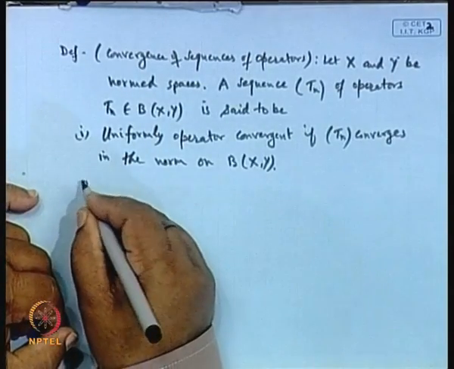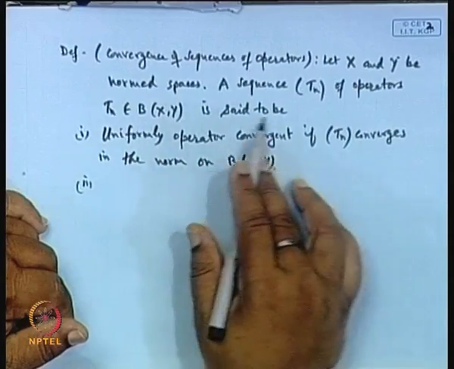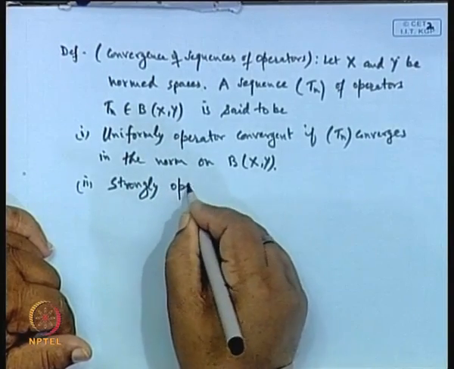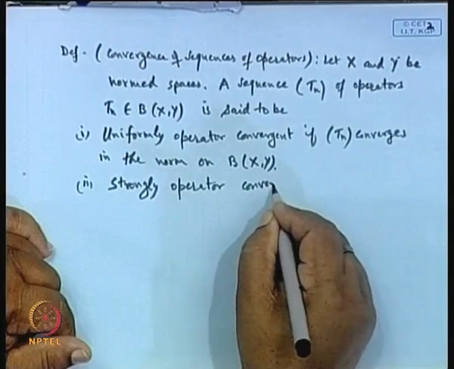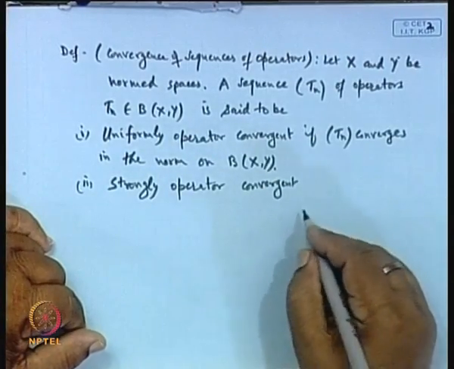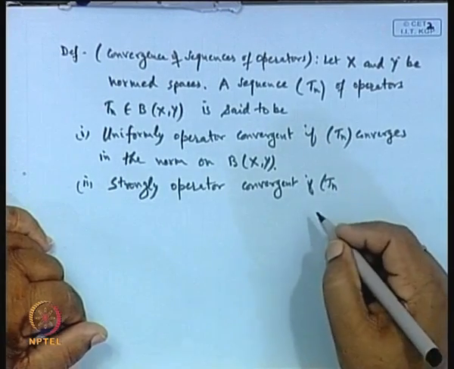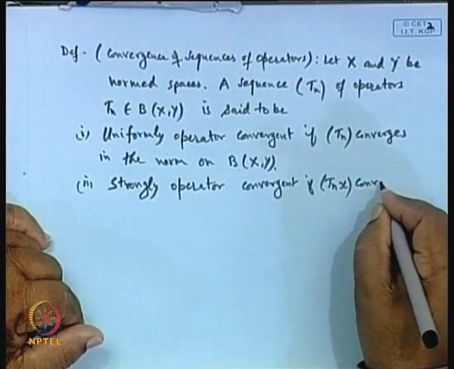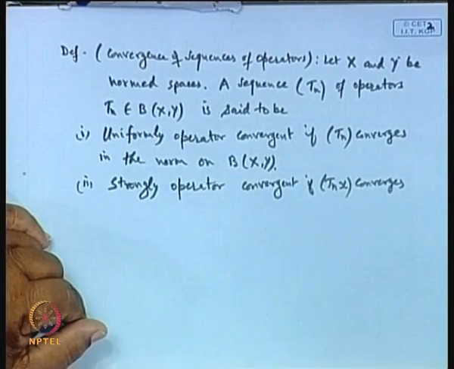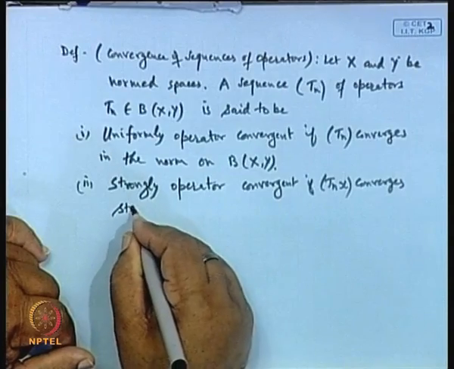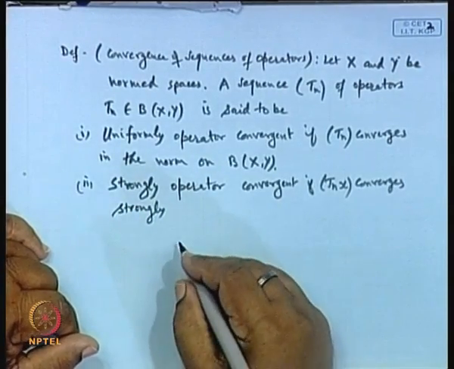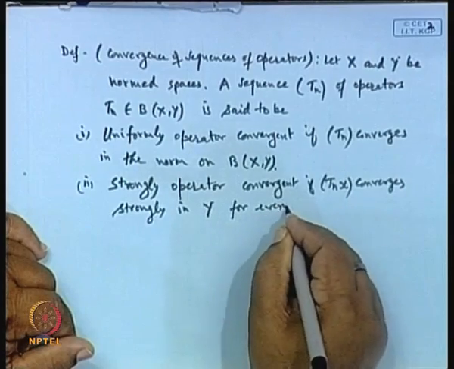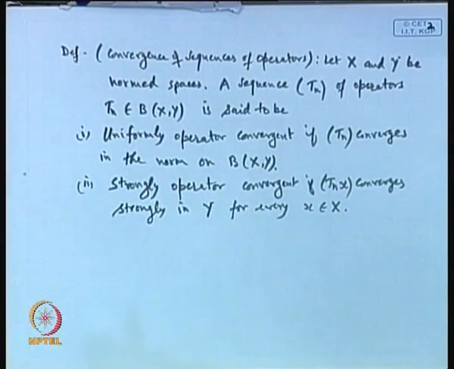Then second, the sequence T n is said to be strongly operator convergent if the sequence T n x, that is the element now in Y, converges strongly in Y for every x in X, because Y is a normed space.